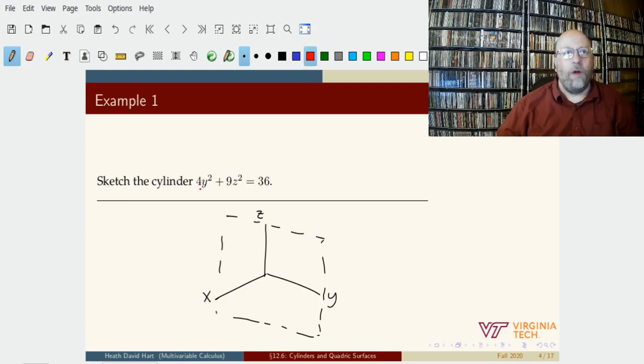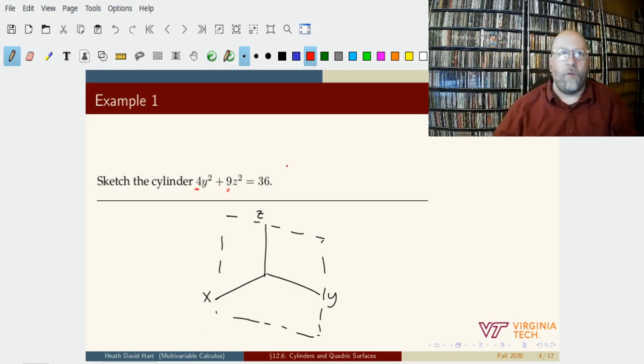So let's figure out what this shape looks like. Both y and z are squared. If this were just y squared plus z squared equals 36, that would be a circle with radius 6. But the fact that there are coefficients and they're not the same changes this from a circle to an ellipse.